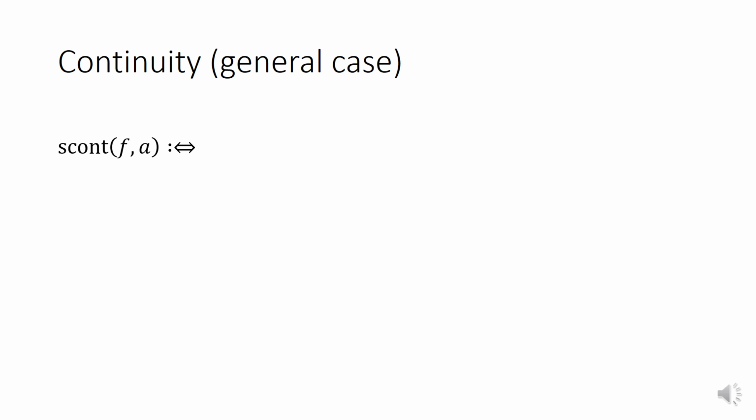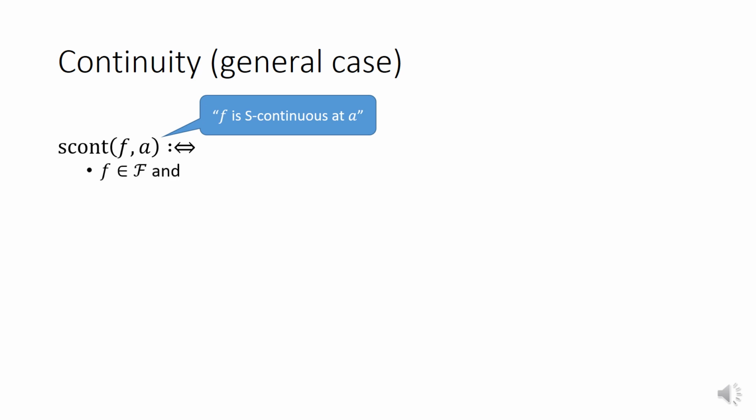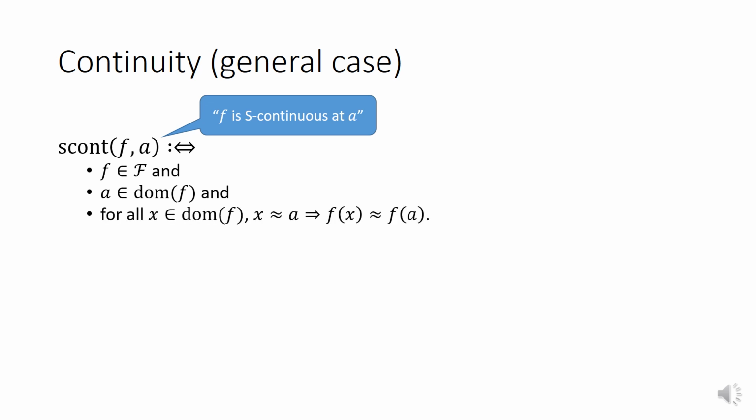We write S-cont of f, a and say f is S-continuous at a if and only if f is a real function and a is in the domain of f, and for all x in the domain of f, if x is infinitely close to a, then f of x is infinitely close to f of a.